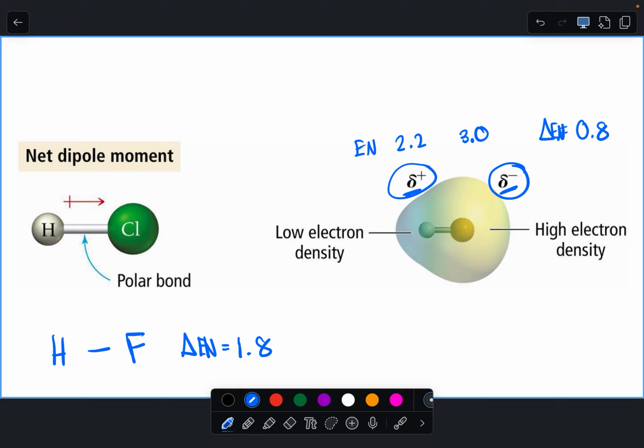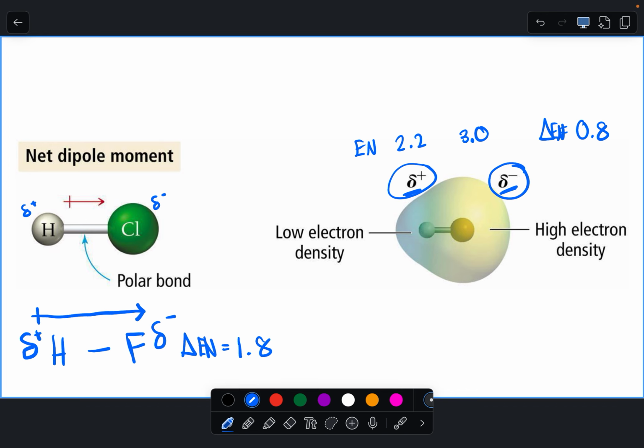So for the HCl, maybe that's it. For the HF, maybe it's like this, okay? So the bigger arrow represents a bigger difference in electronegativity, or what will result in a bigger difference in charge. Sometimes I'll also draw these as, this one has a partial negative and a partial positive, and then to emphasize the point, I'll be like, this one has a big partial negative and a big partial positive, okay?